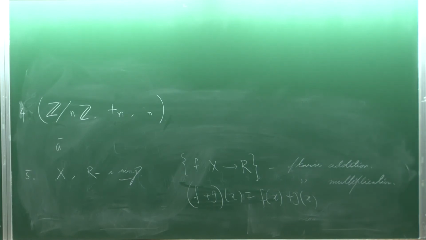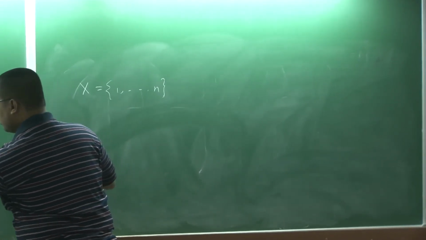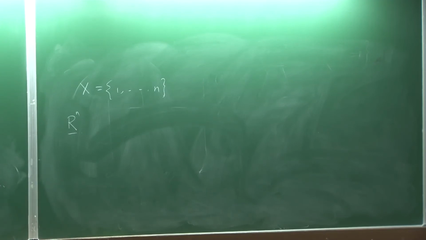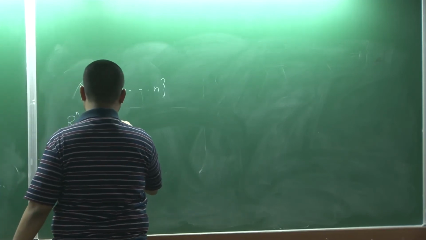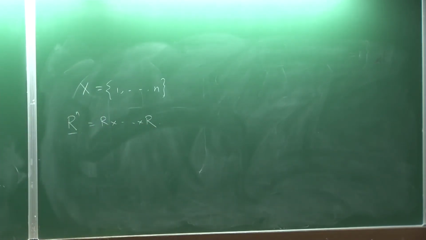This holds for any non-empty set X and any ring R. If we let R be arbitrary and take X to be 1 up to n, then what we obtain is precisely R^n, because any n-tuple can be naturally viewed as a function from 1 up to n to R.